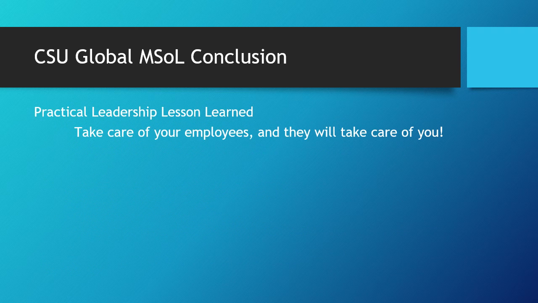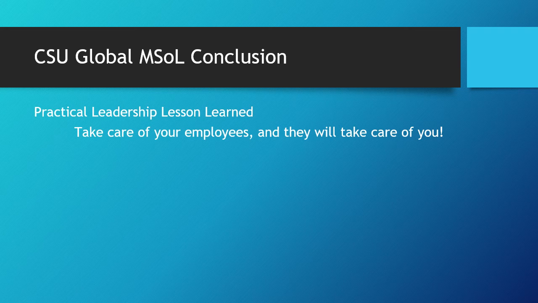And finally here, this last statement is from more of a personal perspective, but takes into account all the things that have been learned during this experience at CSU Global. We can sum up our outlook on leadership in one phrase. If you take care of your employees, they will take care of you.